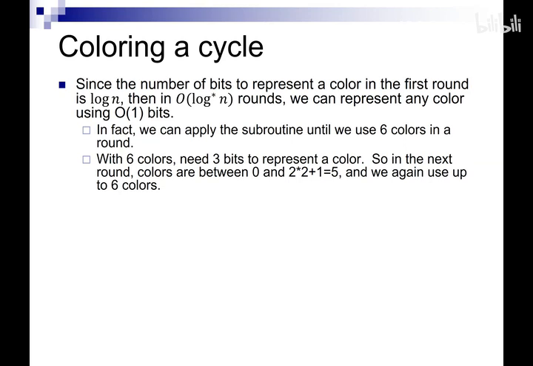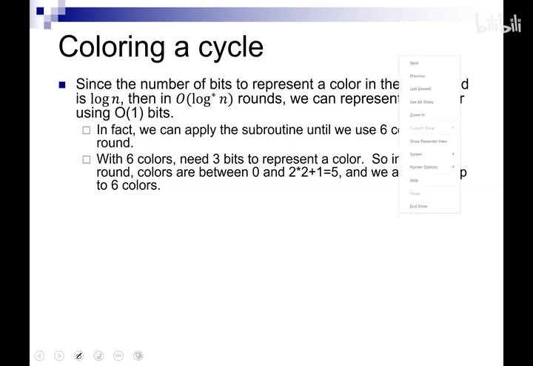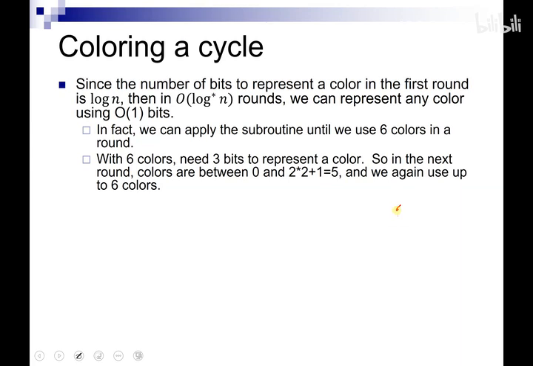In the next round, the bit on which two neighbors can differ in their color is going to be a number between 0 and 2.